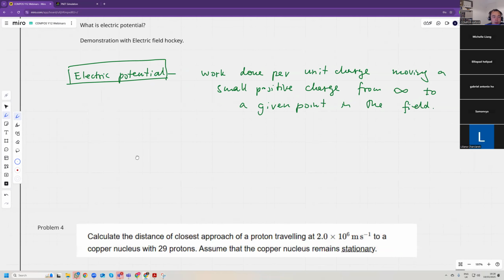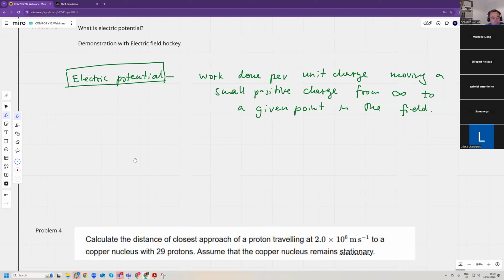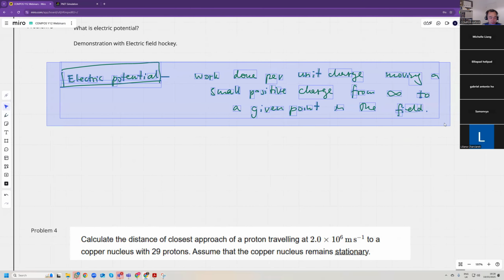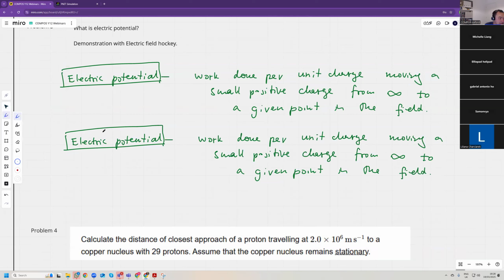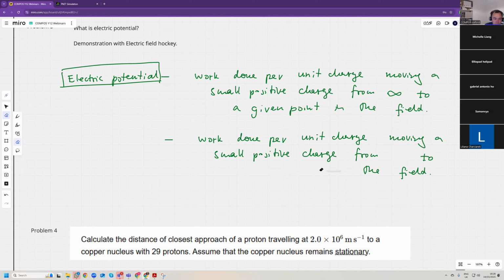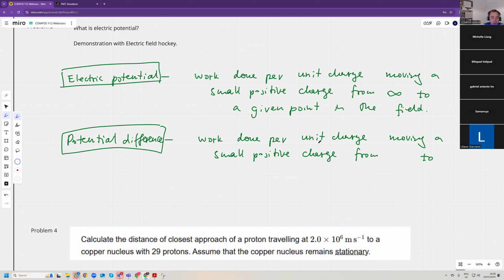The potential difference is the work done per unit charge moving a small positive charge from A to B. Potential difference, this is another important one.